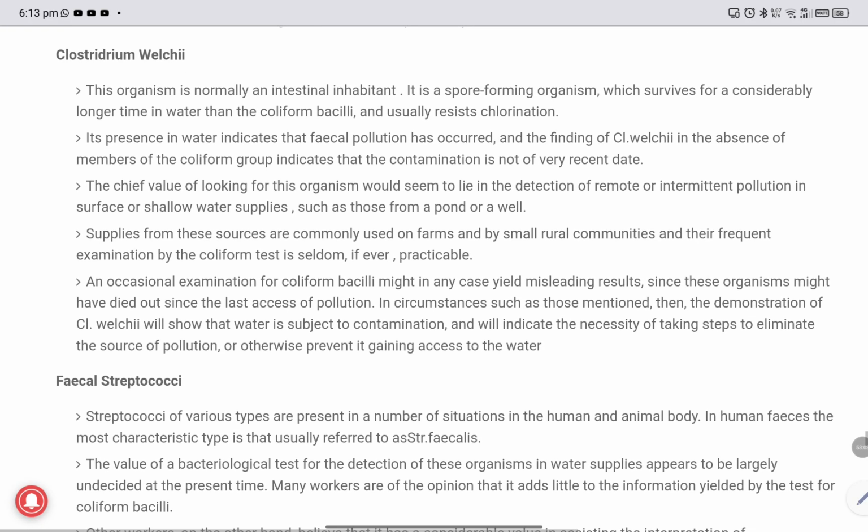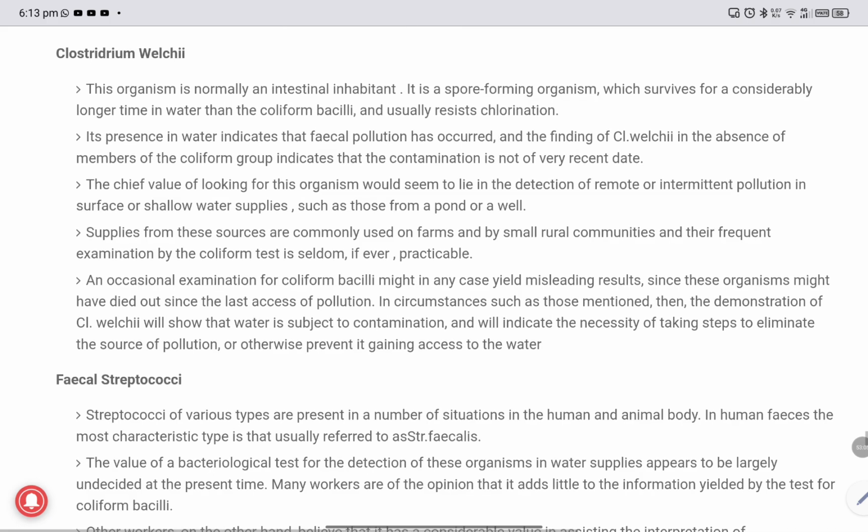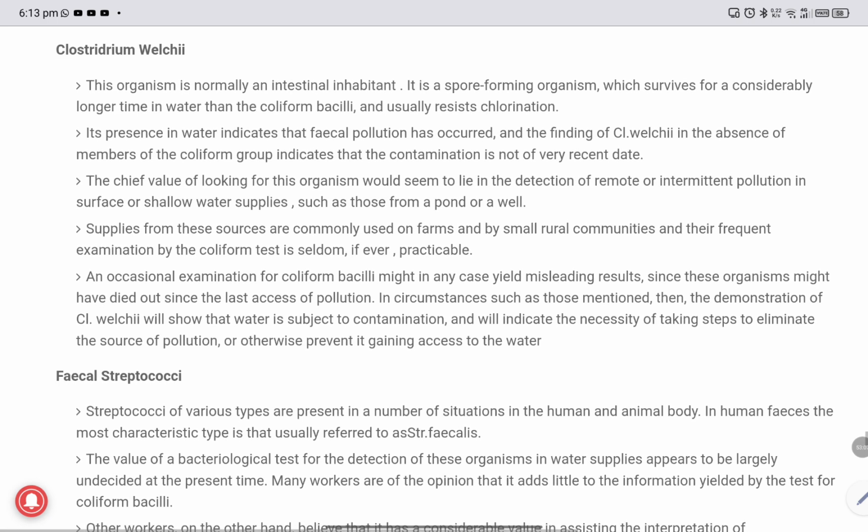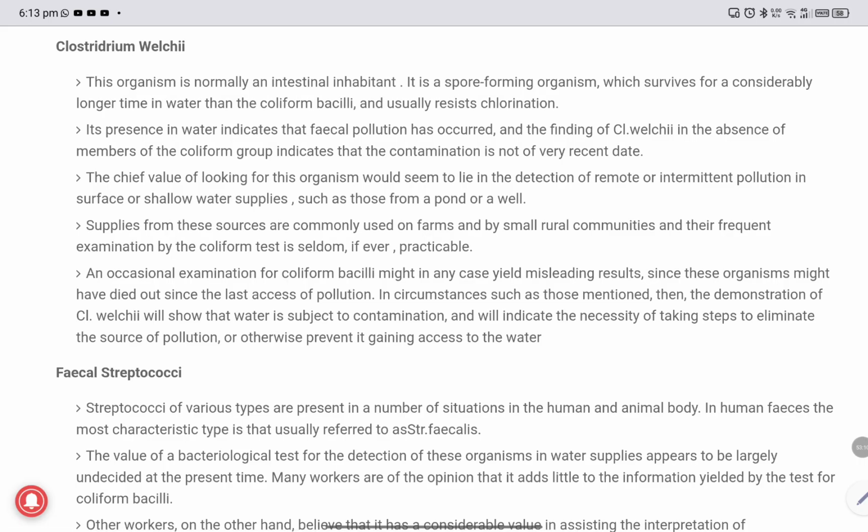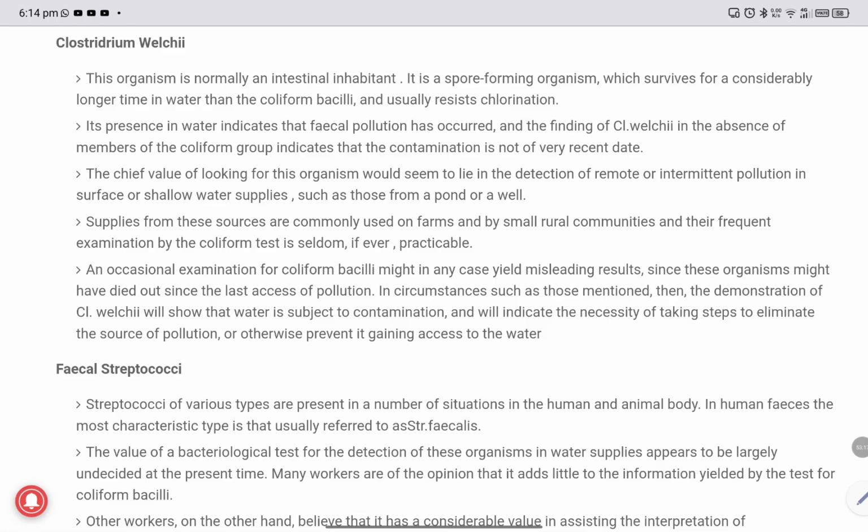This organism is normally an intestinal inhabitant. It is a spore-forming organism which survives for a considerably longer time in water than the coliform bacilli and is usually resistant to chlorination. Its presence in water indicates that fecal pollution has occurred, and the finding of Clostridium welchii in the absence of members of the coliform group indicates that the contamination is not of very recent date.